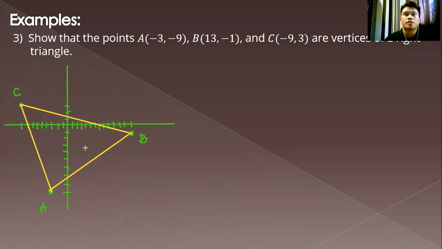So we have here point A, which is (-3, -9), point B, which is (13, -1), and point C, which is (-9, 3). Now, the plan is to get the distance to find the measure of each side of the triangle.